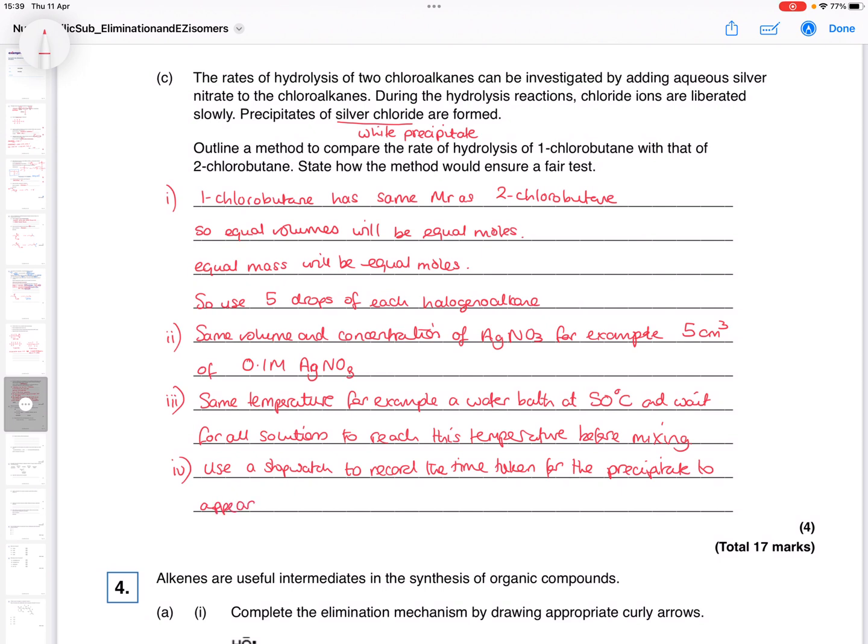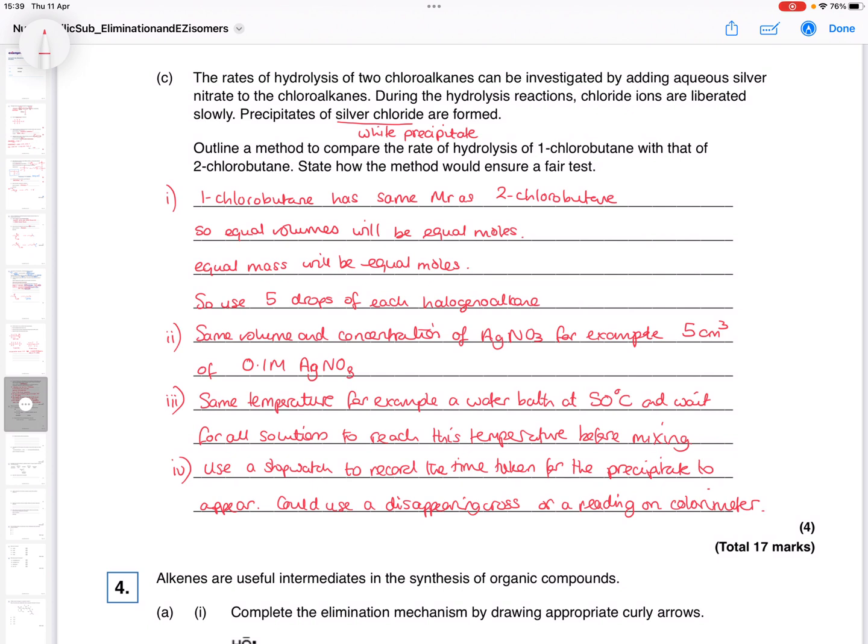So you could use a disappearing cross or a reading on a colorimeter to remove some of the judgment there potentially.